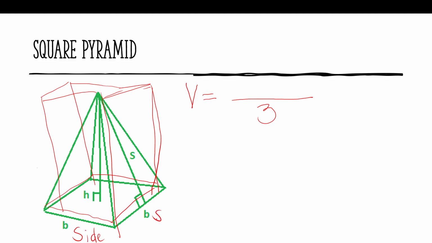Kasi ang ating base na ginamit ay, nakasulat na nga sa pangalan niya, square pyramid. So we have side times side para sa area ng base, and then we have the height. So side times height divided by 3. So yun po yung magiging formula ng square pyramid.